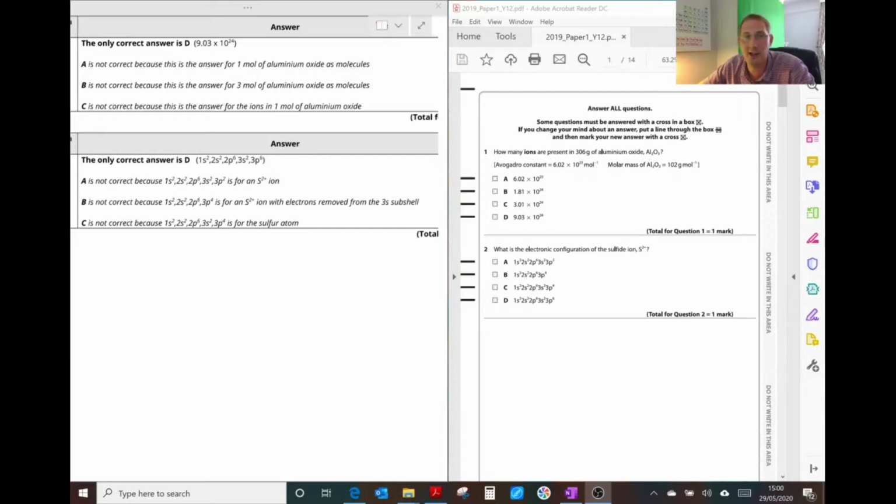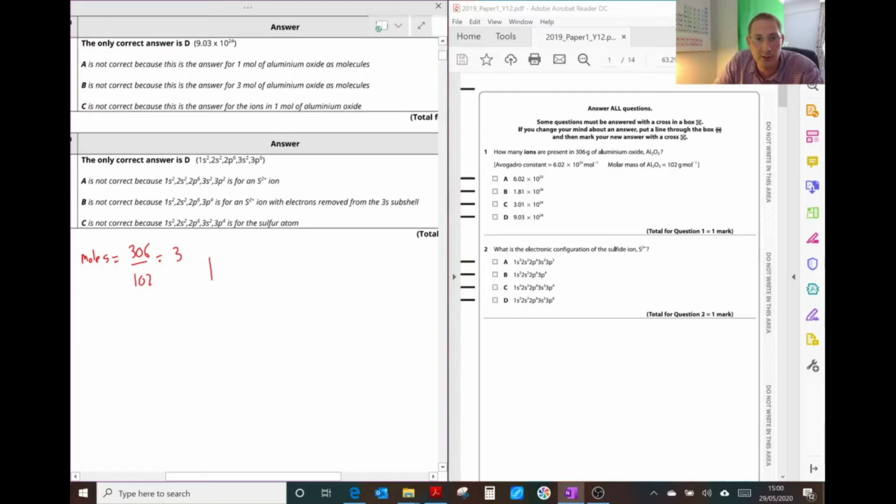Question 1, how many ions are present in 306 grams of aluminium oxide? So down here, moles equals mass over Mr, which is 3, so we've got 3 moles of aluminium oxide.